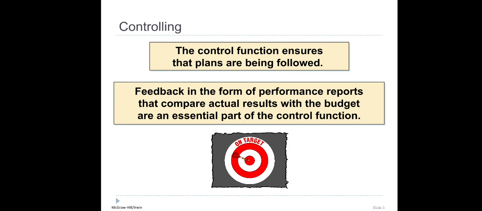Okay, so across these three functions of management, the one thing that the manager can use in every function is the budget. The manager can use the budget to help him plan for the business. He can use the budget to help with directing and motivating activities, and he can also use the budget when he wants to do the controlling activities.